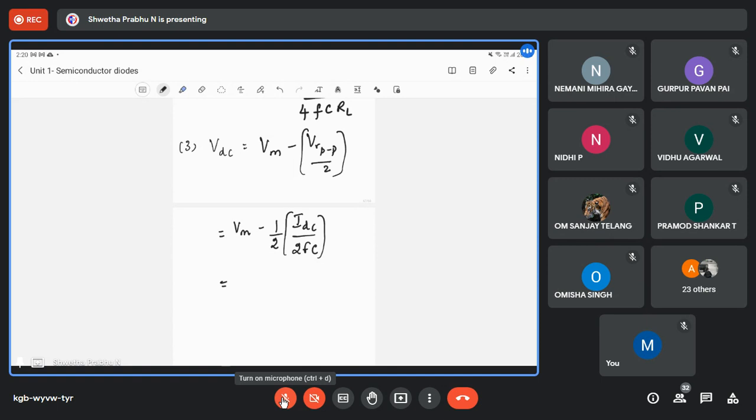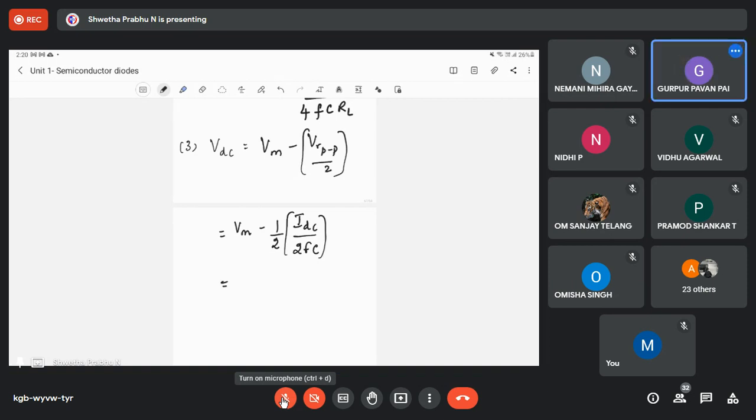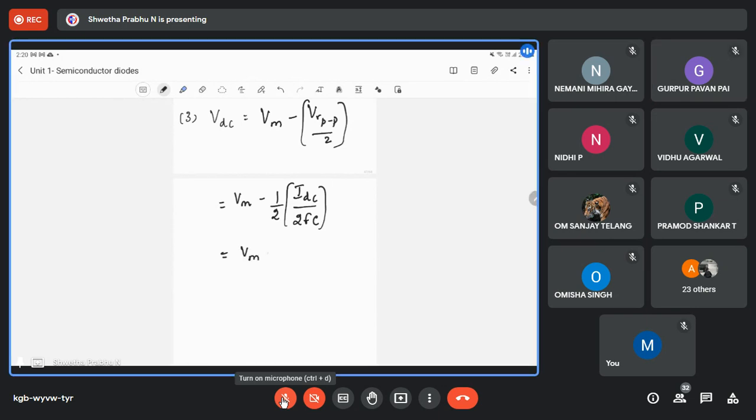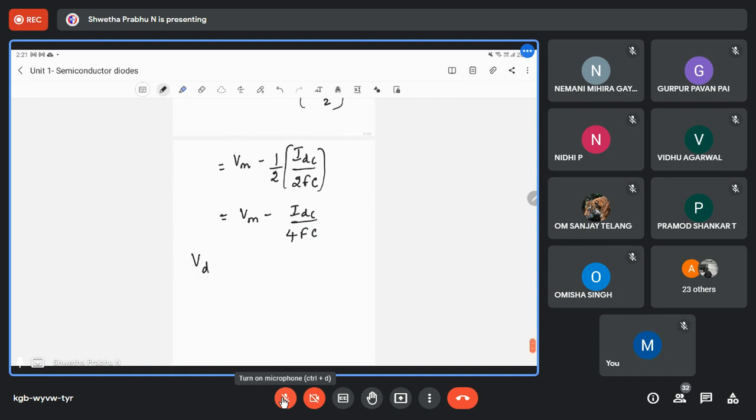How do you represent IDC in terms of VDC? VDC is equal to IDC into RL. You can write this as Vm minus IDC divided by 4FC. So you can write this equation in terms of VDC, that is equal to 4FCRL.